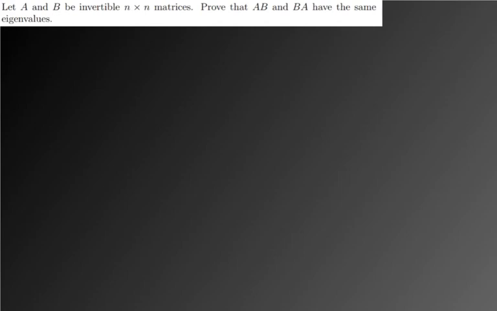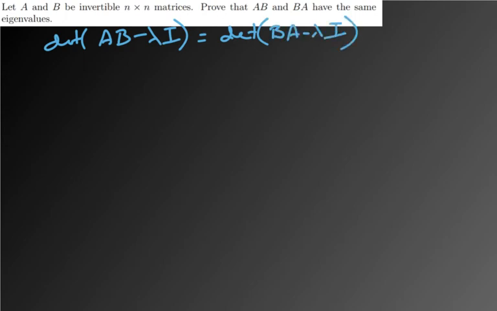So we basically need to show that the determinant of AB minus lambda I equals the determinant of BA minus lambda I. You can do this whole problem inside of that determinant, cleverly playing around with the matrix multiplication and inverses. All you have is that A and B are invertible, so we can use A inverse and B inverse to help us, but that's all we got.